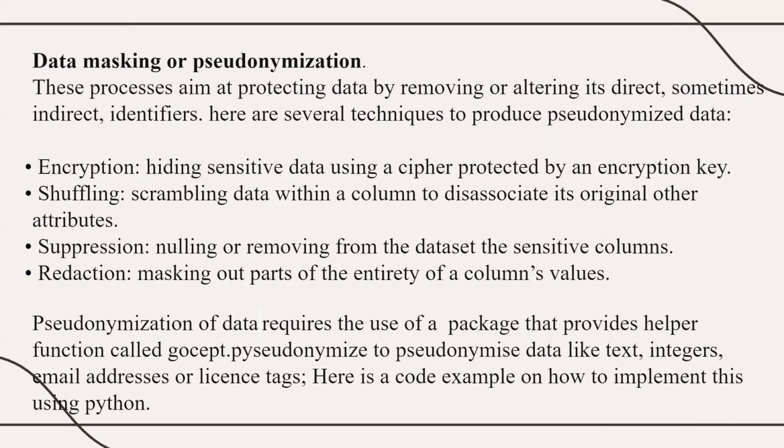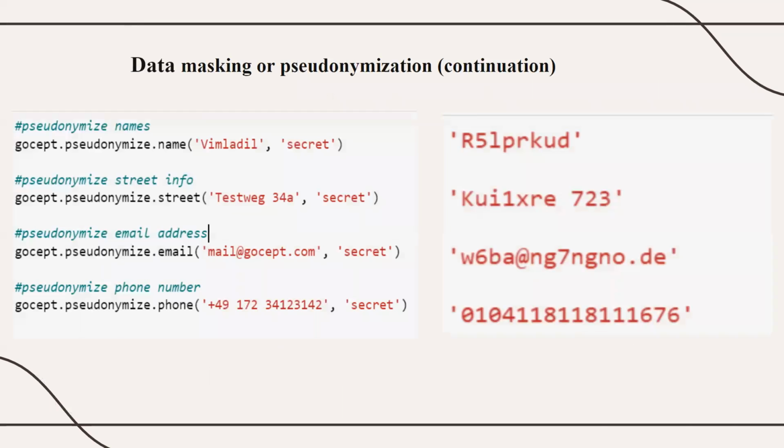Pseudonymization of data requires the use of a package that provides helper functions called gocept.pseudonymize. It can pseudonymize data like text, integers, email addresses, or license tags. Here is a cool example of how to implement that using Python. Using gocept.pseudonymize, which is a Python package as well, we'll be able to pseudonymize text.